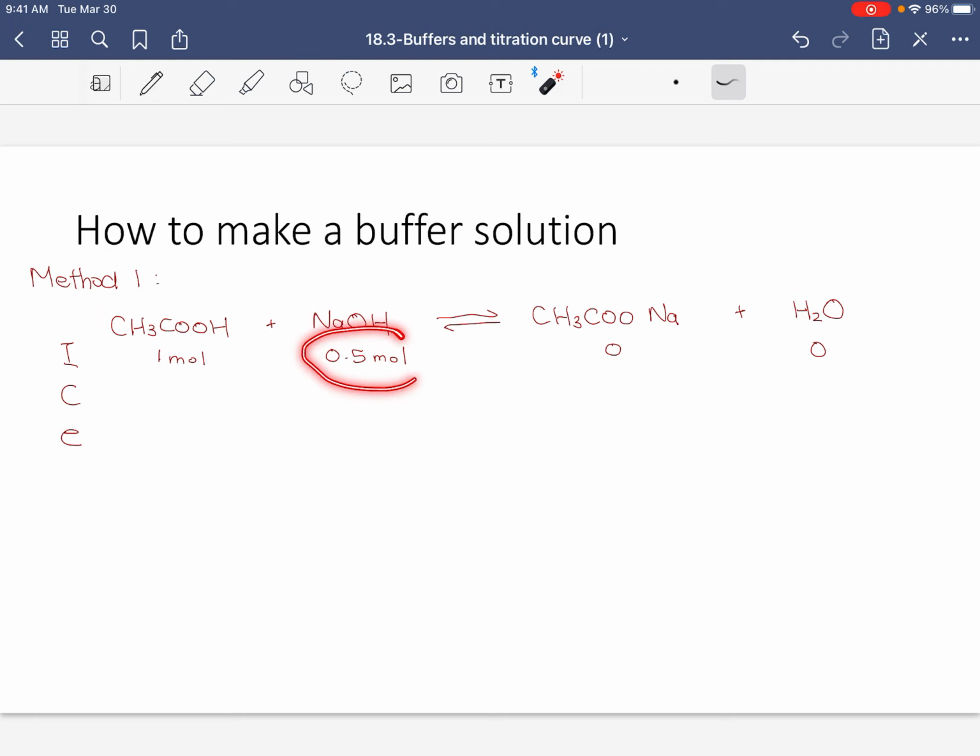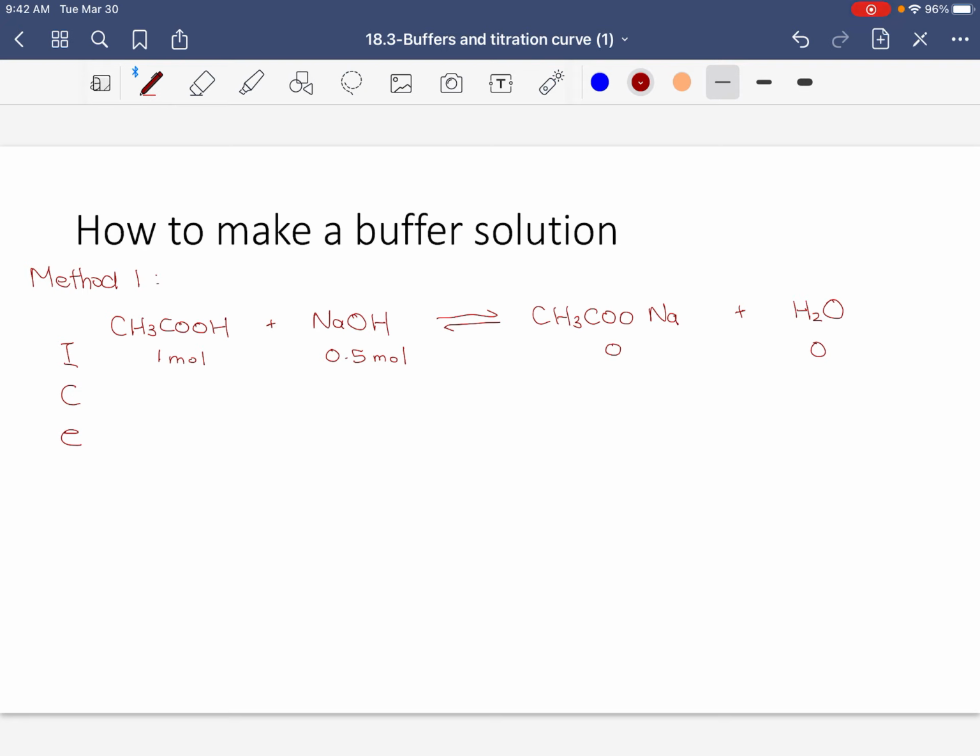If you have 0.5 mole of this, it is going to react with 0.5 mole of these guys to create 0.5 mole of this and 0.5 mole of that. Simple stoichiometry, right?